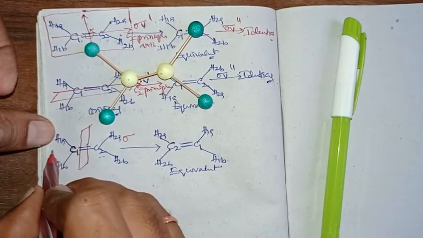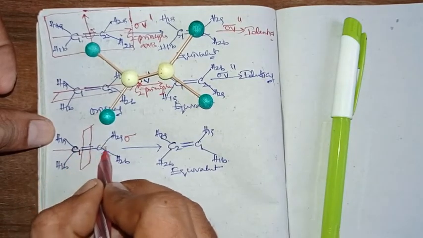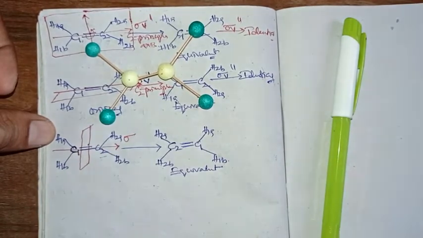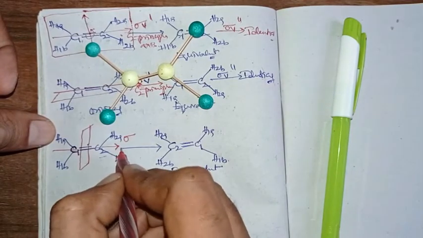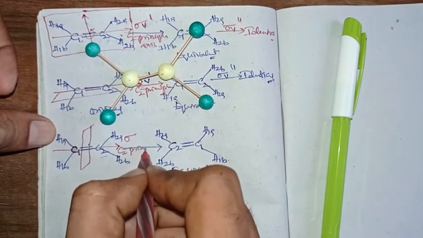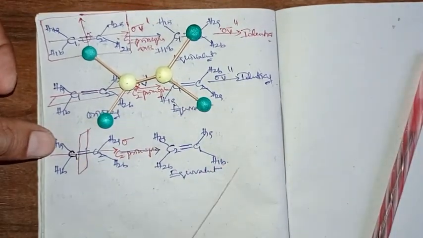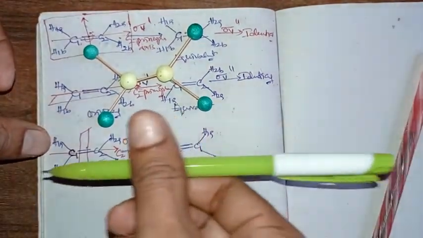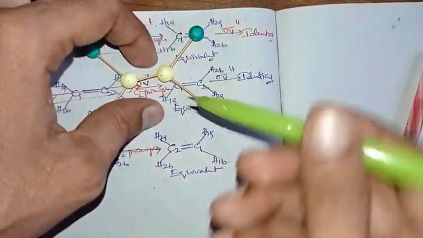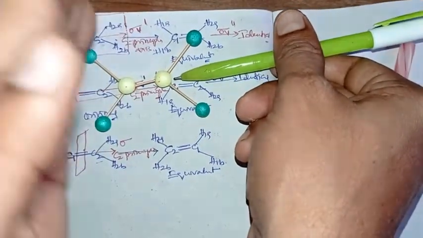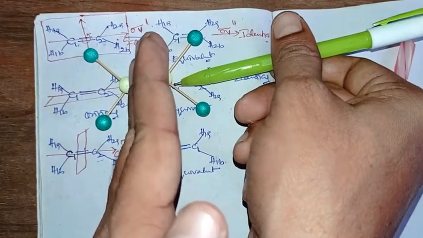Now this particular plane of symmetry, if we go with the classification with respect to the C2 principal axis, how is it? The principal axis is passing through the carbon-carbon double bond like this. How is the plane taken? Like this, right?